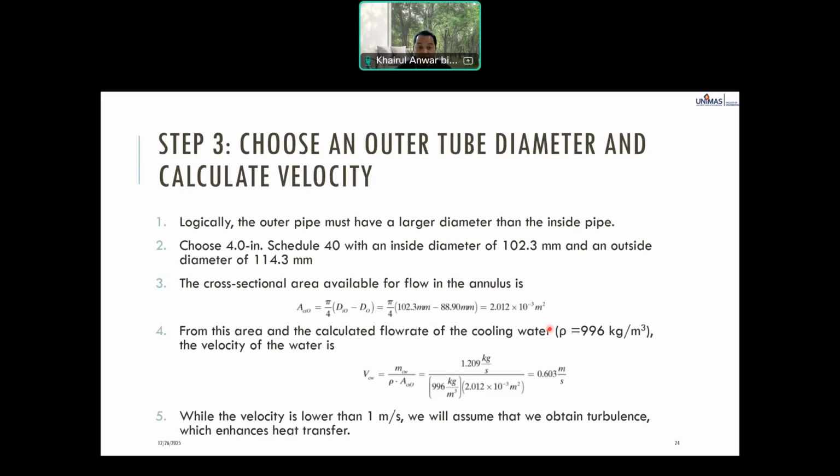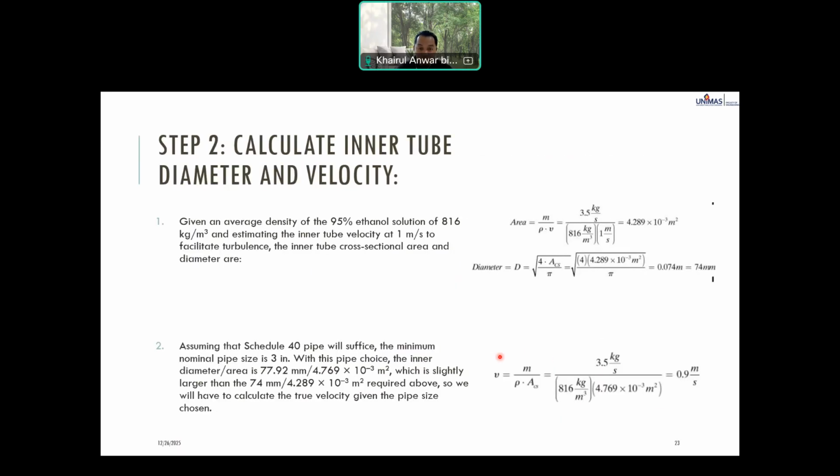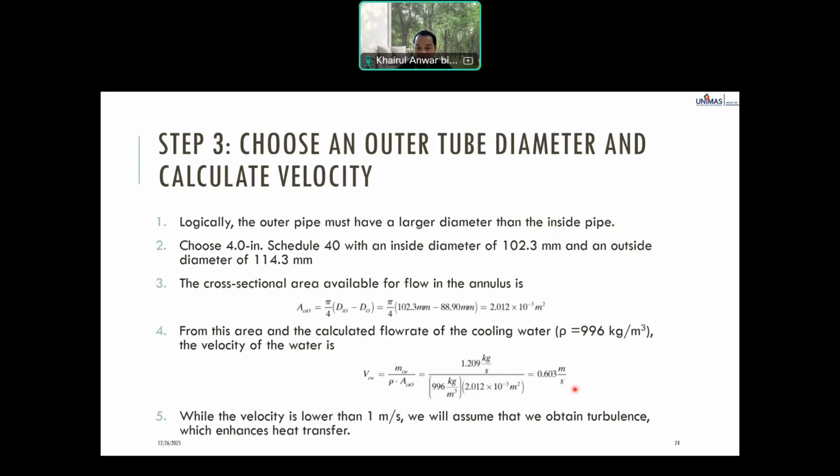So this velocity is for the cooling water, and this velocity is for the ethanol solution. So bear in mind we have two pipes. The small pipe is inside a bigger pipe. Inside the small pipe is ethanol. Inside the bigger pipe is the cooling water.